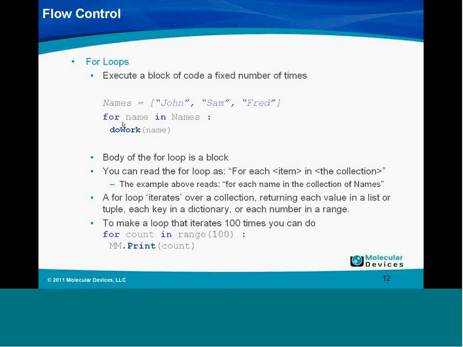So if you look at the bottom of the screen, you have a for loop that loops 100 times. It says for count in range 100. This range 100 actually produces a list of values from 0 to 100, or 0 to 99 actually. And so you're looking at each of the numbers between 0 and 99, and you'd be printing them in this case.